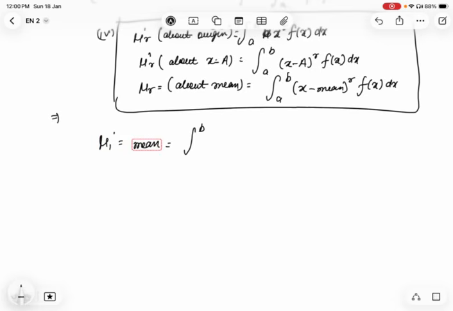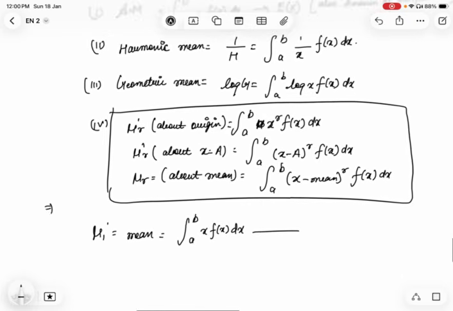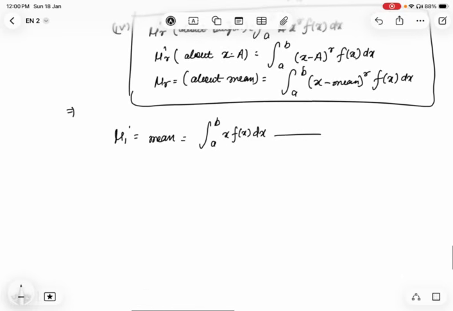It is defined as the integral from a to b of x f(x) dx, because if you compare this and this, you will see it is the same. And mu two dash is the integral from a to b of x squared f(x) dx. It is called the second moment, and the other is the first moment.